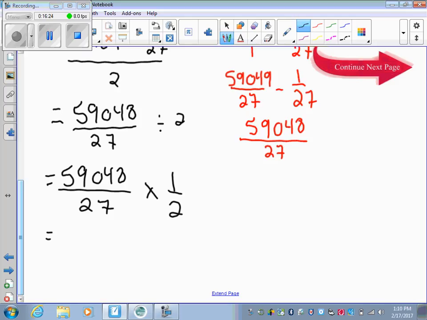So on the top you'll have 59,048. On the bottom, 27 times 2, that'll give you 54. And you can reduce that down, which is 29,524 divided by 27.